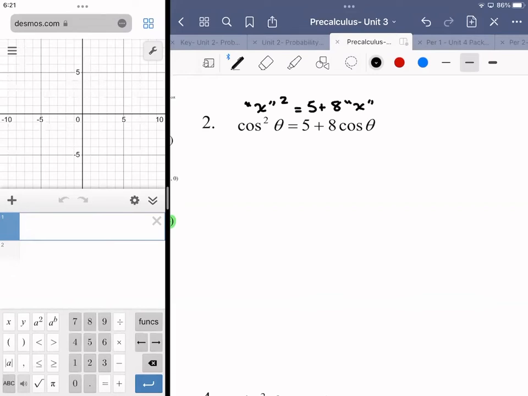There's a certain circumstance in which it's equal to x, and that is on the circumference of a circle with a radius of 1, but it's not always equal to x, so we don't want to fall in love with that idea. But we could say that we have a variable squared is equal to 5 plus 8 times another variable. That's quadratic.